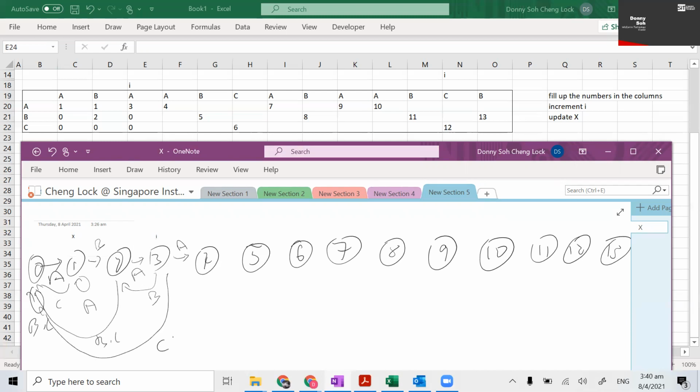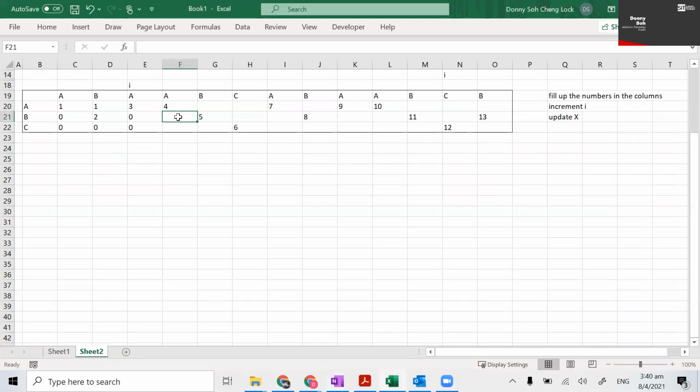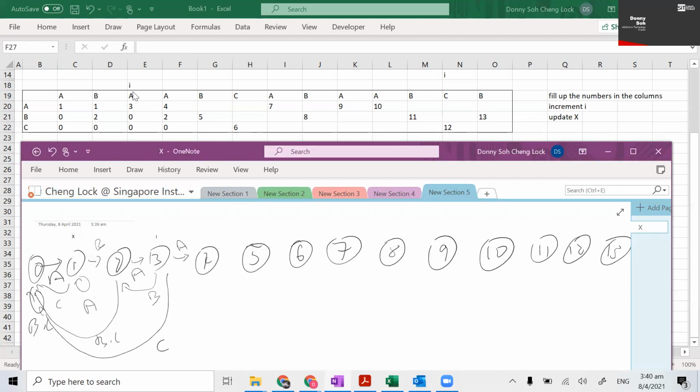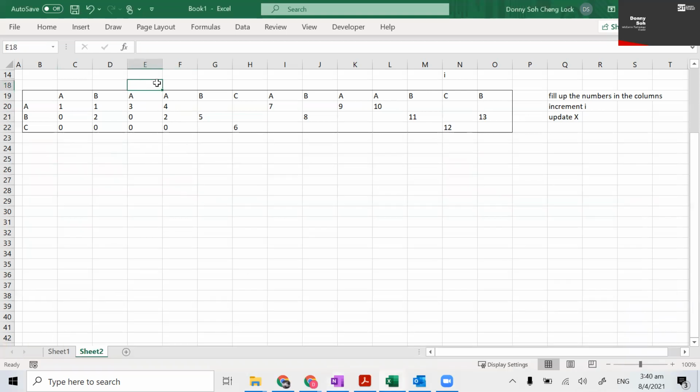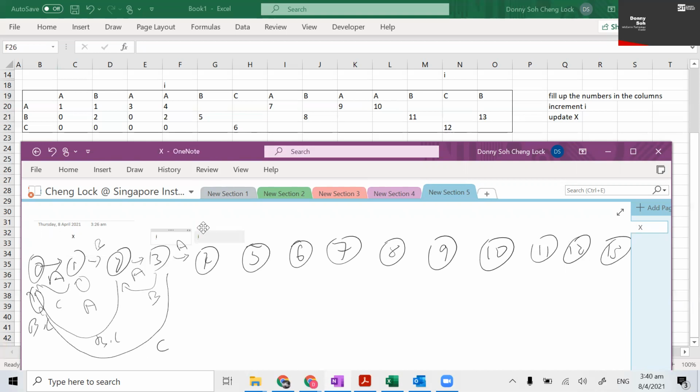This will be a C. So this will go to 2. This will go to 0. So far so good. Now increment my I. Before I forget, I go to the next one. And I update my X. What will happen to X if I see an A? It will remain at state 1.